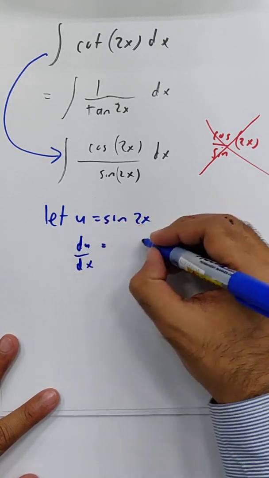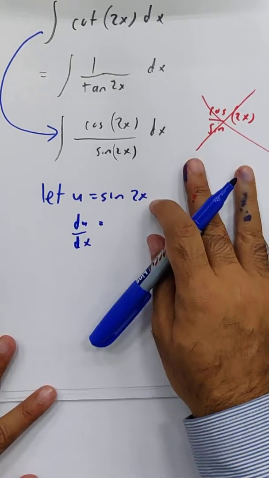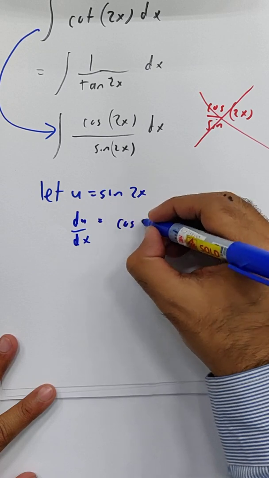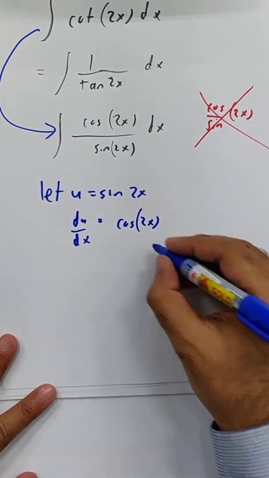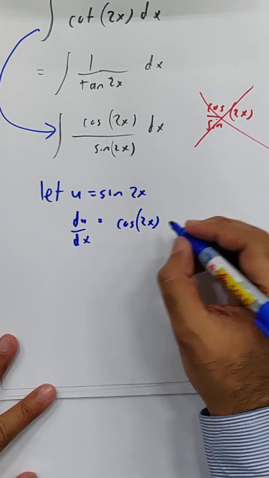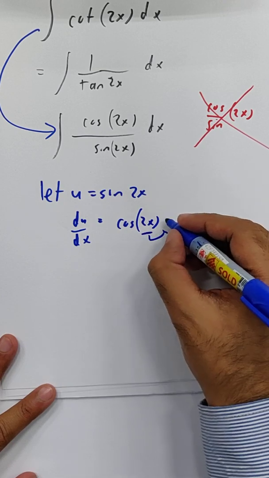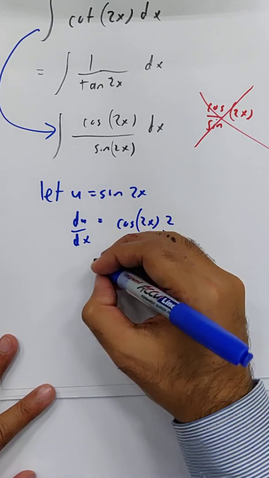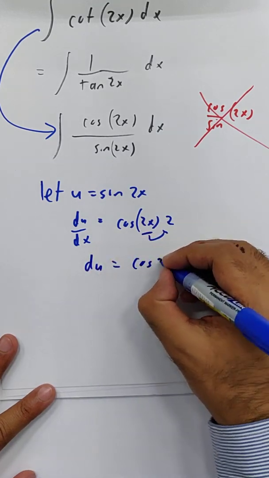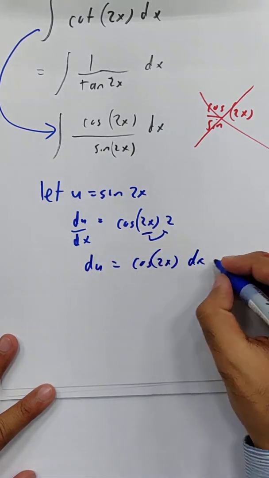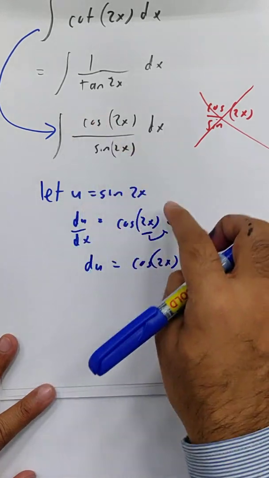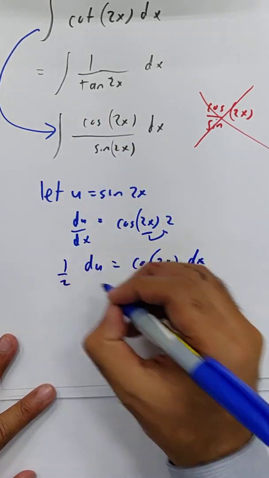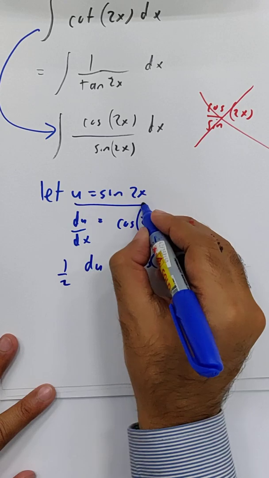So du dx is 2 cos 2x, you differentiate this one as well. But there's no 2 over here, so the 2 I bring over to this side. And now you substitute them.